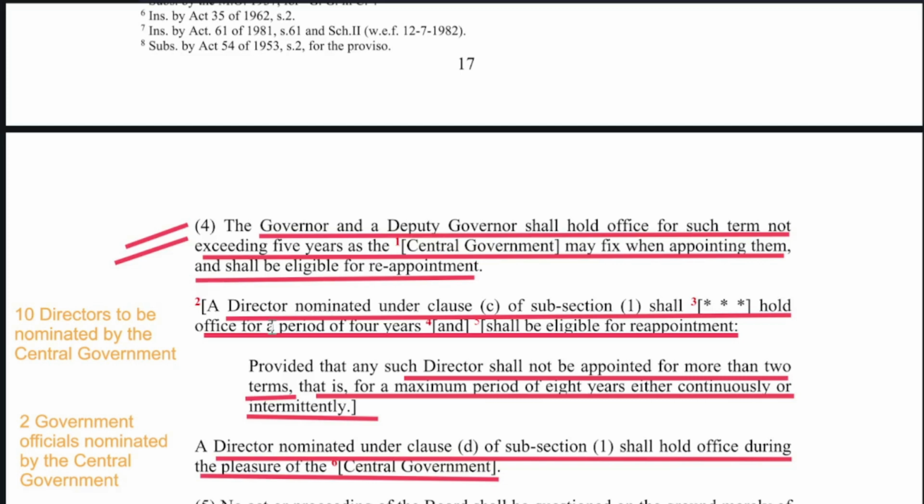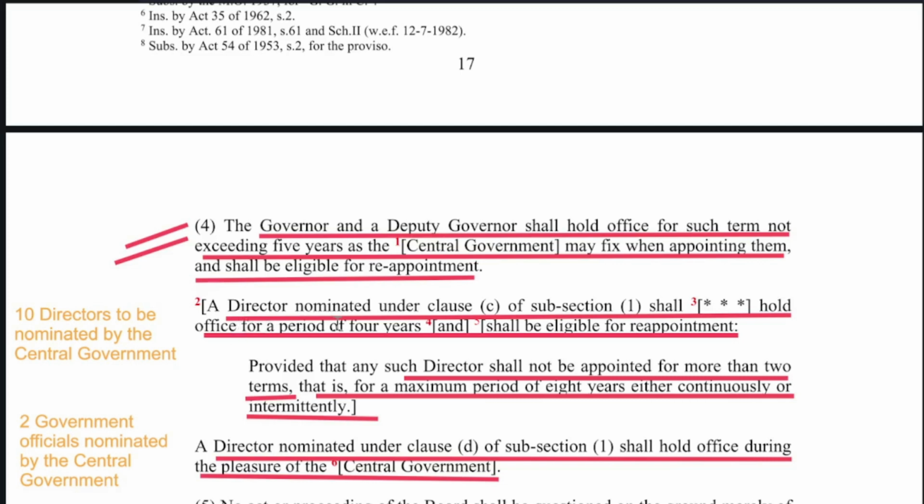But who would ultimately fix it? Who would take a decision on that? It would be the central government. At the same time, the retiring governor or deputy governor is eligible for reappointment. The same person who has completed his or her tenure can be reappointed by the central government.